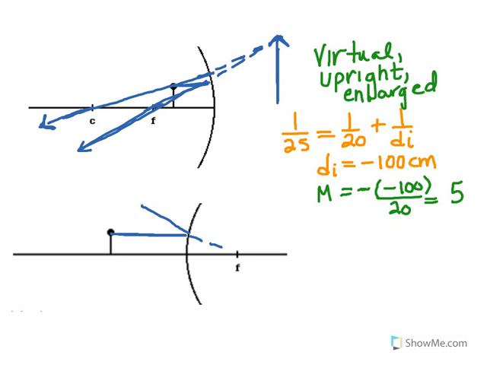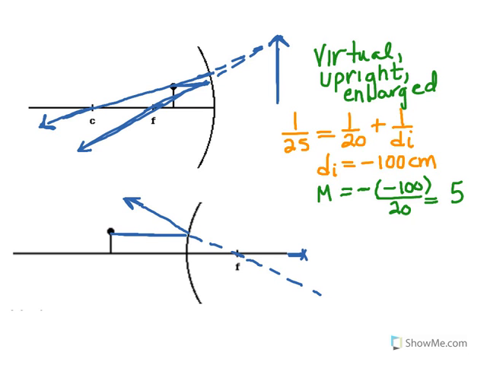But what it's going to do is go in here through the focal point like so. All right, so it's going to actually come in like this, hit the mirror, and diverge.